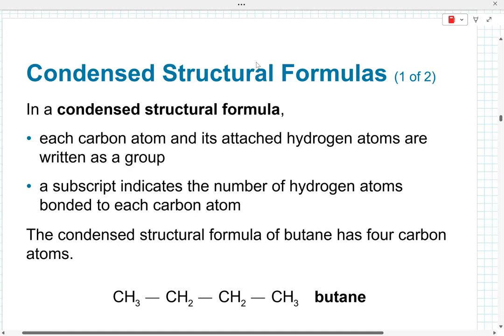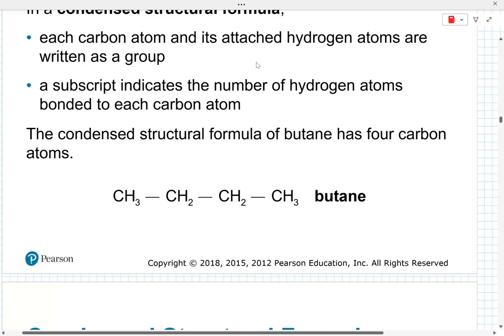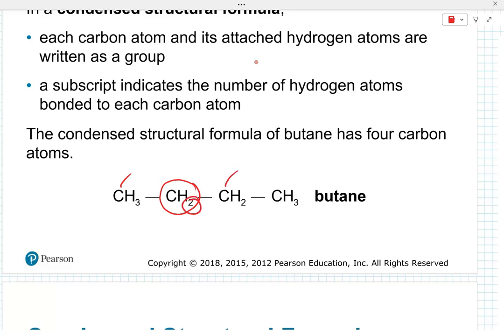So, for the most part, we will be using condensed structural formula. For instance, this shows you that this carbon is connected to 2 adjacent carbons and also 2 hydrogens, but we don't expand them because they usually don't play a terrible amount of roles in chemical reactions.